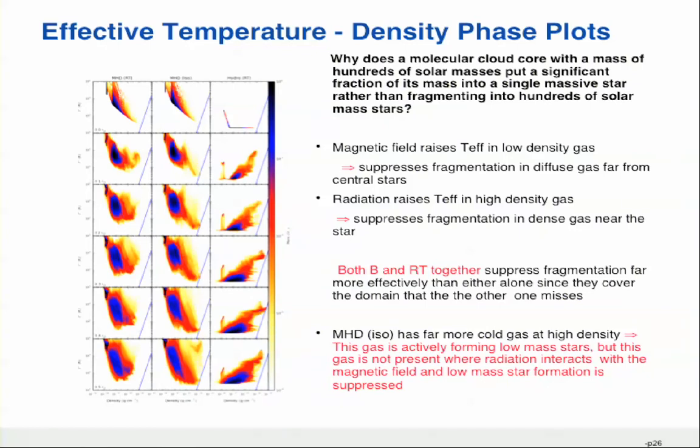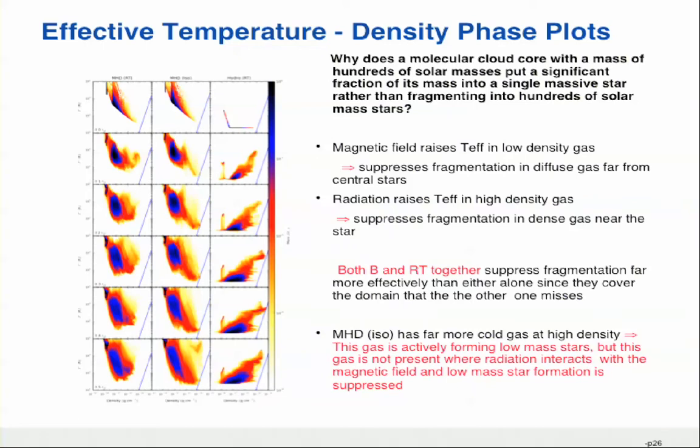As I look at, let's say, the middle case, it's maybe hard for you to read, which is the MHD case without radiation, we see that the magnetic field raises the temperature, this is temperature, this is density, raises the temperature in low density gas, thereby suppressing fragmentation in that dilute gas, which is far from the central object that's giving the radiation feedback.